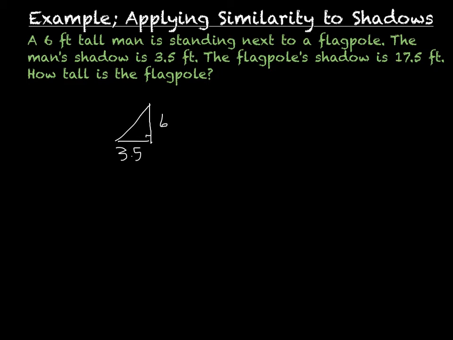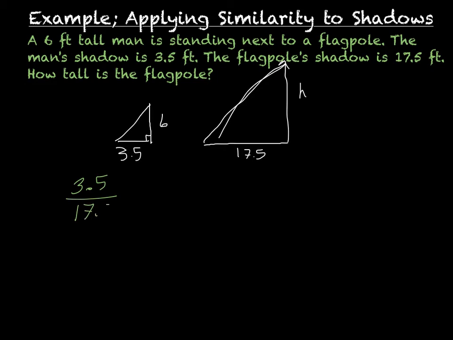So there's one triangle, and then I have the flagpole that we don't know how tall it is, so it's got some height, but we do know that it casts a 17.5 foot shadow. So I can set up my proportion: 3.5 over 17.5, and that's going to be equal to 6 over h.